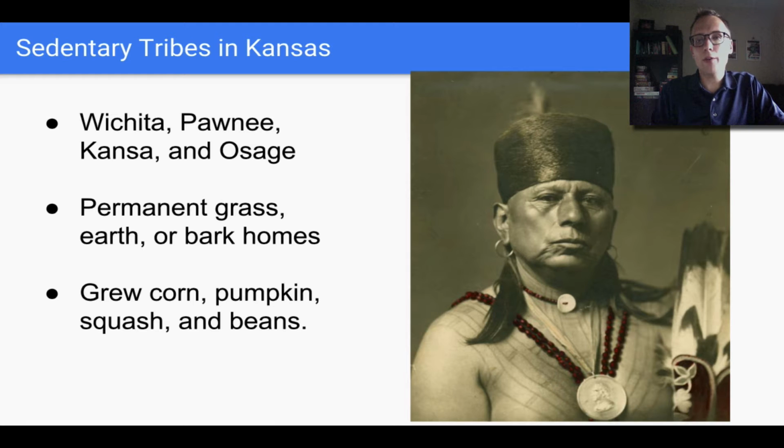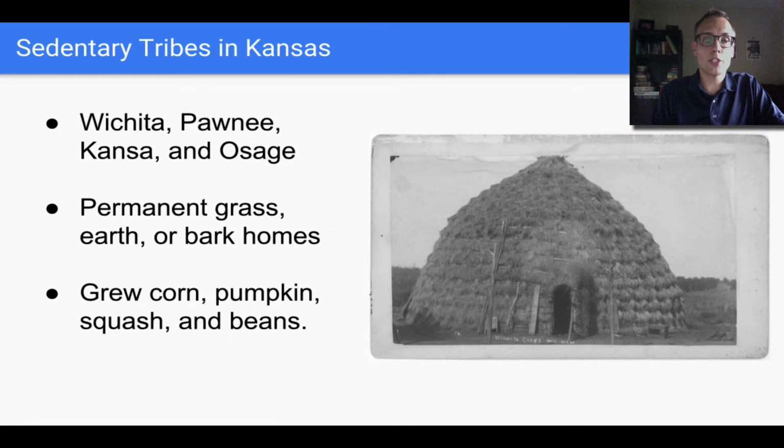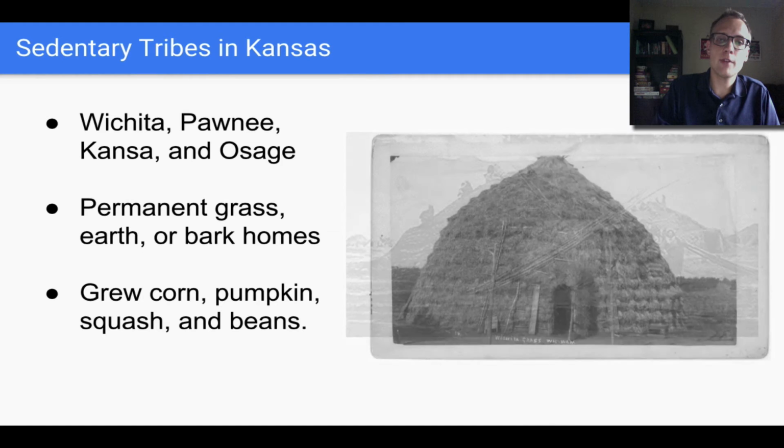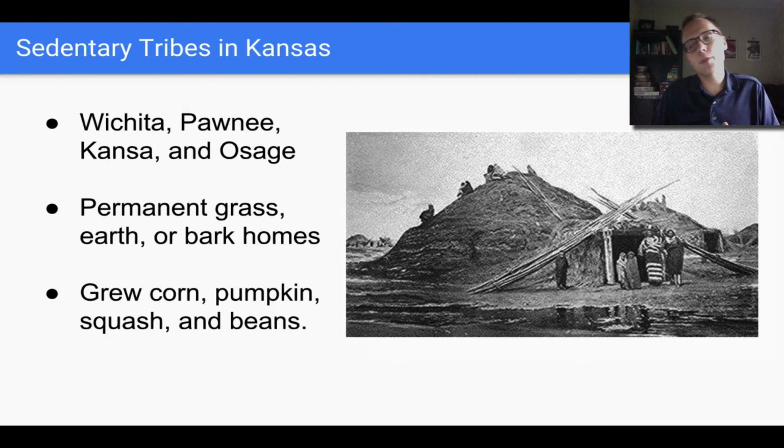And they were houses that were built out of grass, like for example, we have an example of a Wichita house here. It's a grass-based home with a little beehive. The Pawnee homes were built out of earth, very similar to the Wichita, but then covered with earth, and also homes of bark.